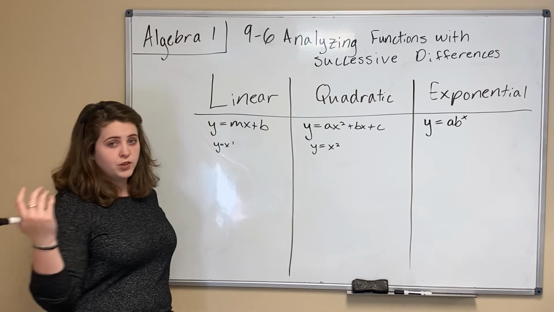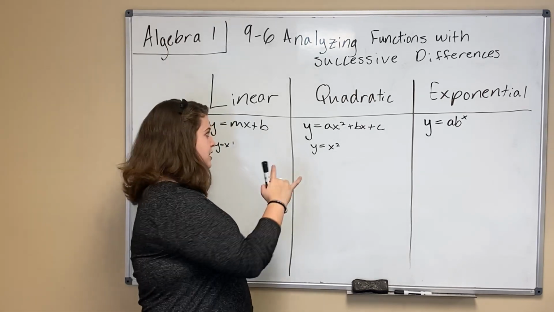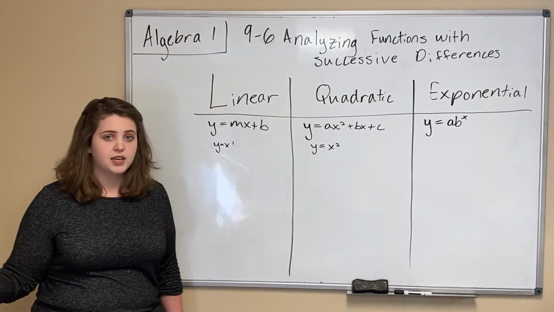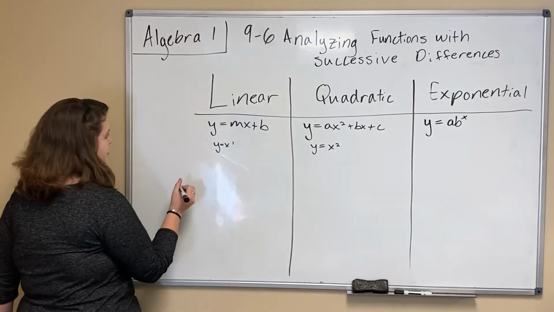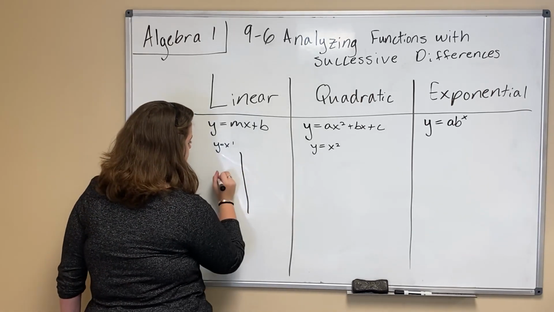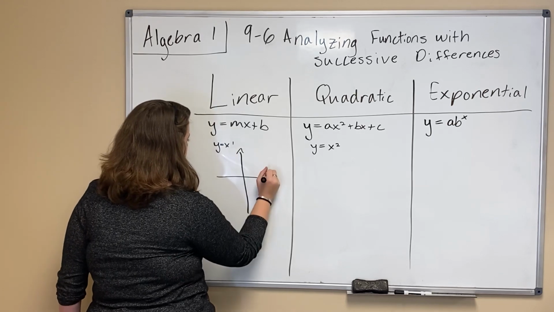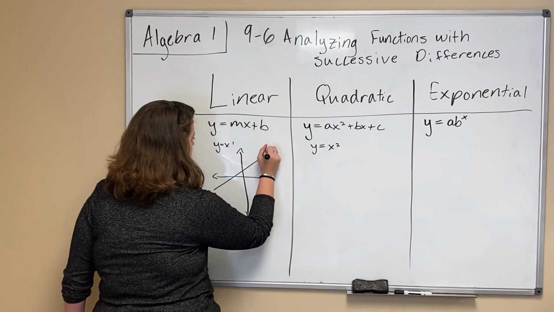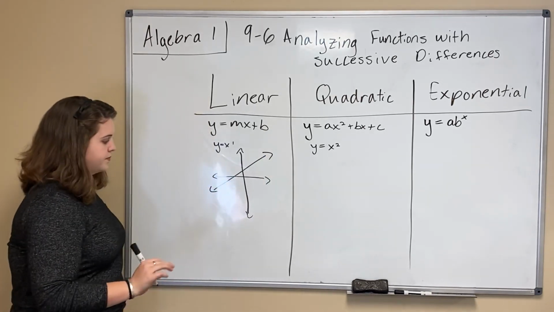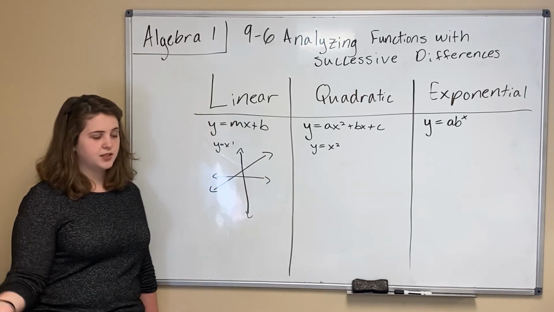Now, when we're looking at a graph, we can tell pretty easily which one of the three it is, because a linear function will always be a line. Every time it's going to be a line.